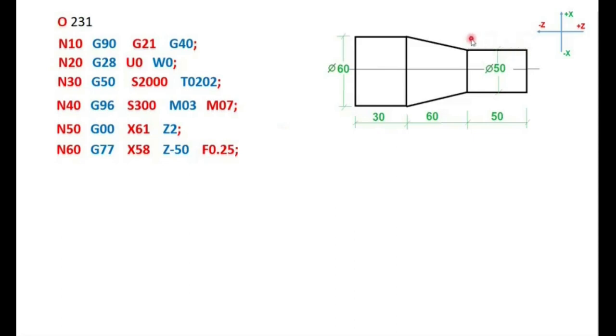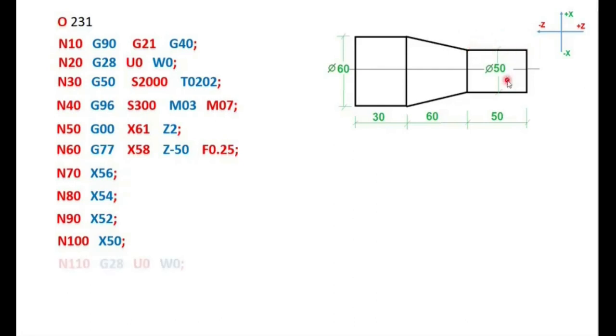So it will remove our first part. It will remove 58 at a feed rate of 0.25 per revolution. Then first 58 dia is reduced, then 56, then 54, 52, and then we achieve a diameter of 50. So this part completely will get removed, and we have achieved this diameter of 50 millimeter.